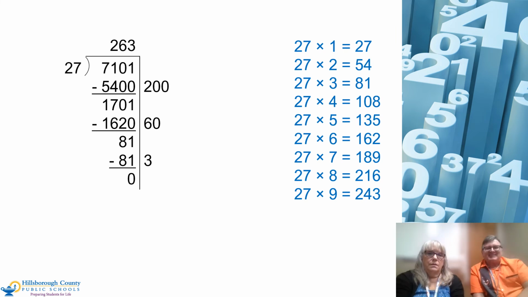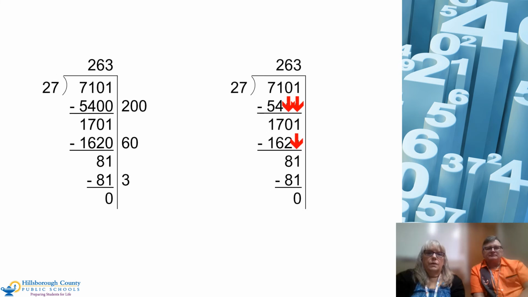On this slide and the next, we're going to look at the traditional algorithm that you and I grew up with. We've still got the same partial quotients. Yes. We just recorded a little bit differently in the traditional algorithm.